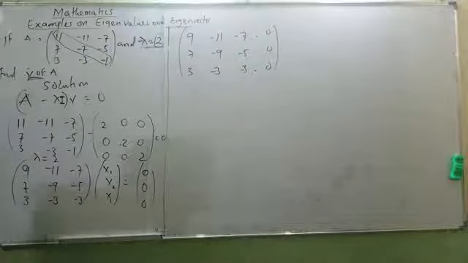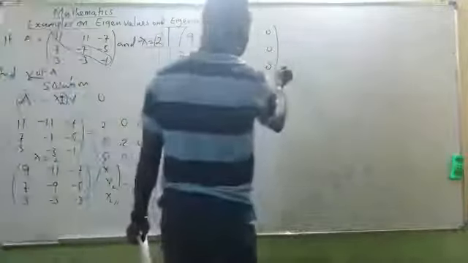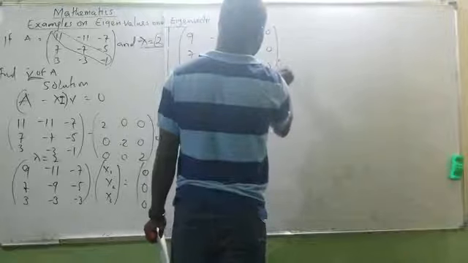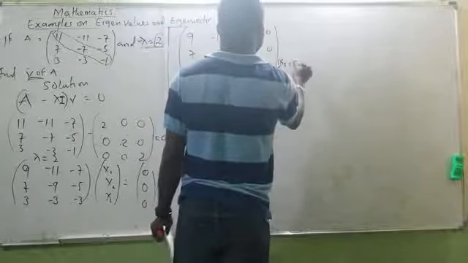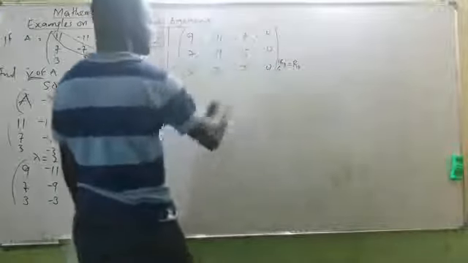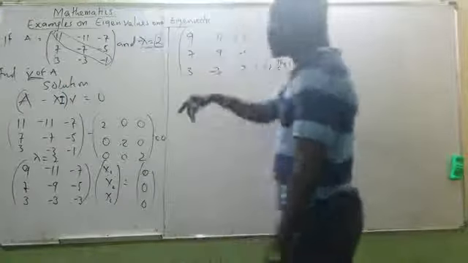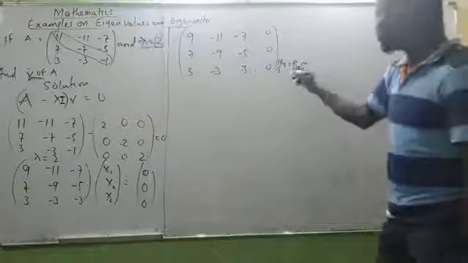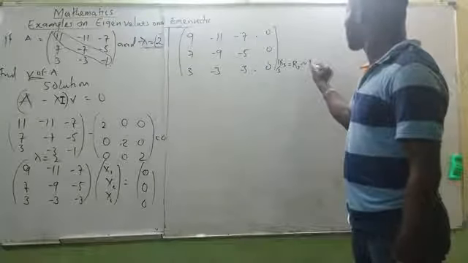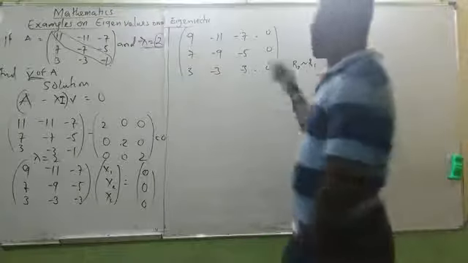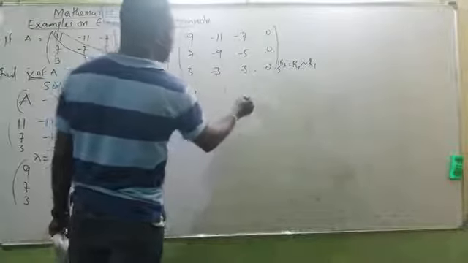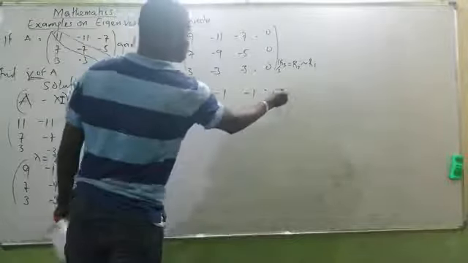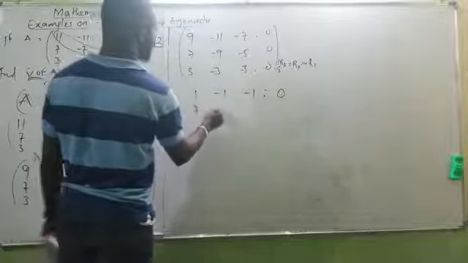Now, what should I do? I will take row 3, one over 3 of row 3, and because I'm doing the reduction method, it becomes row 1. So I get 1, minus 1, minus 1, augmented, and I have my 7.